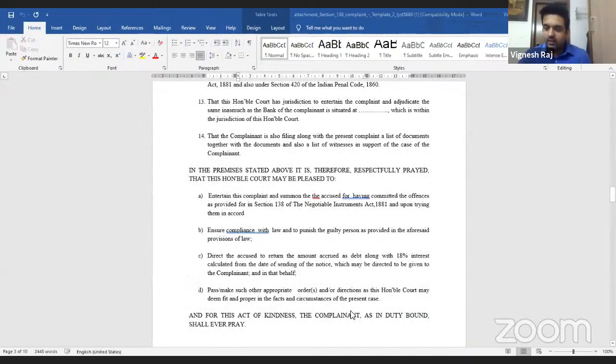You will thereafter seek your prayers, that is, you will ask the accused to be summoned by the court for having committed the offense, and you will request that he be tried as per the provisions of the Negotiable Instruments Act, and direct the repayment of the amount due in debt along with interest, or as per the Negotiable Instruments Act, up to twice the amount due and payable by him with justification.